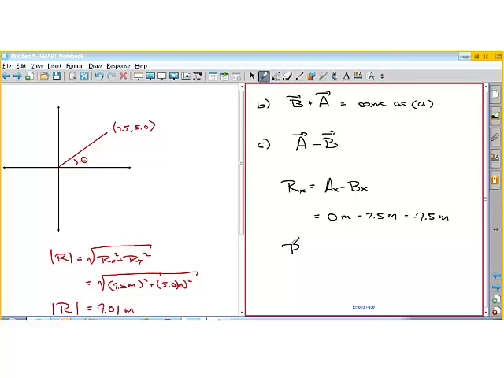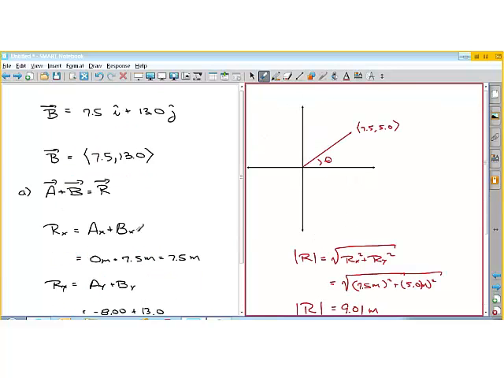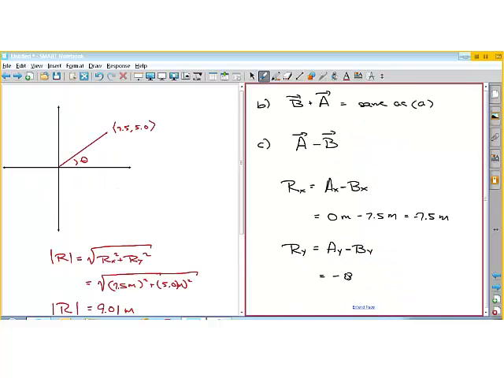And the y component is going to be a sub y minus b sub y. So for A, the y component is negative 8. So we have negative 8.00, and we subtract b sub y, which is positive.